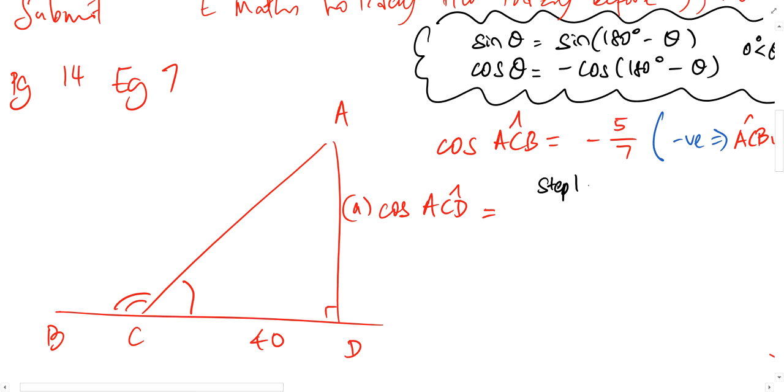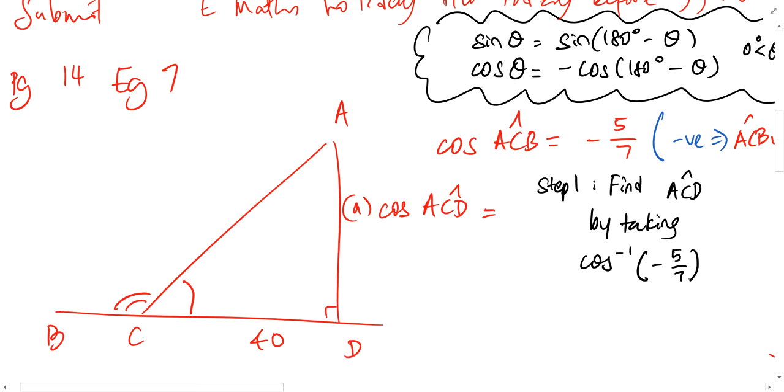Step 1, find angle ACD, is it? How to find? By taking cosine inverse, what? Negative 5 over 7.